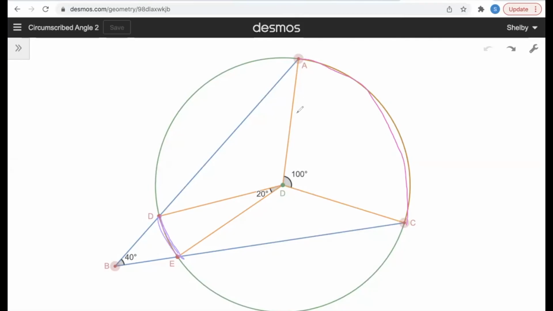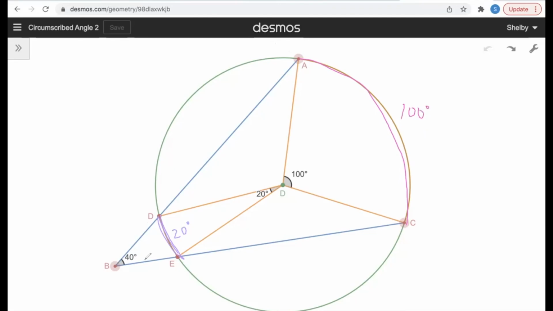So noticing that this arc here from D to E is equal to the measure of its central angle, this arc should be 20 degrees. Same thing with arc AC, it's equal to the measure of its central angle. So that arc is 100 degrees.